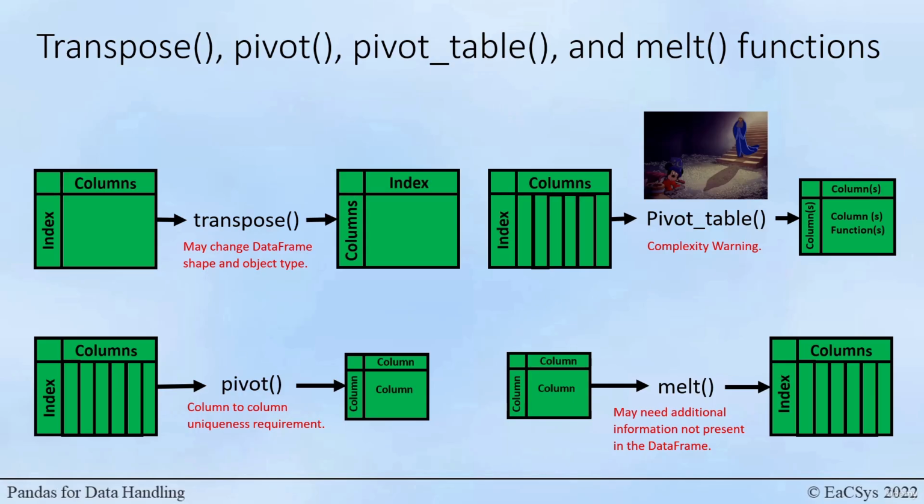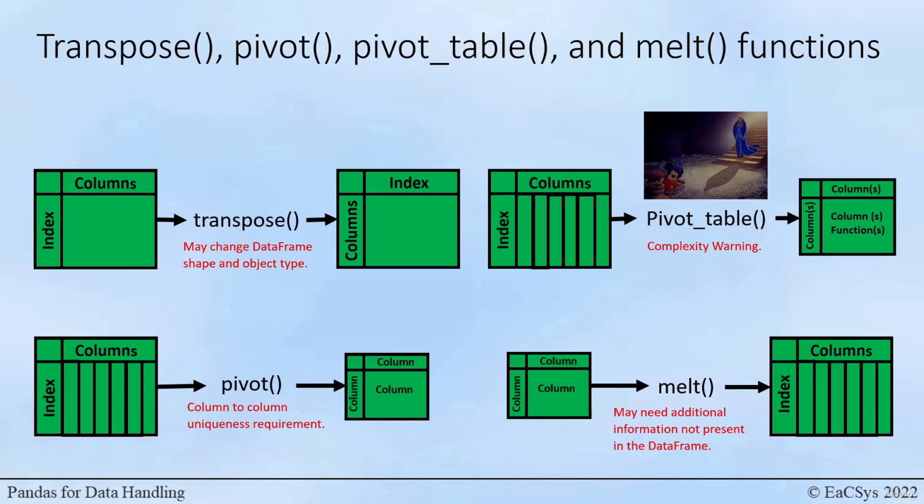And the melt function has some capability to return a pivoted data frame to its original form, or we could say a form similar to the original form. And in the usual or normal case, when you use the melt function, you have to feed the melt function external data in order to successfully replicate a pivoted column.